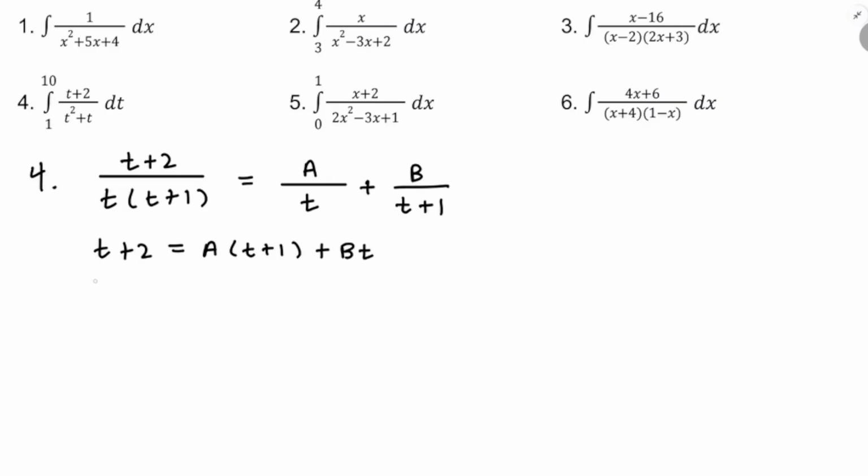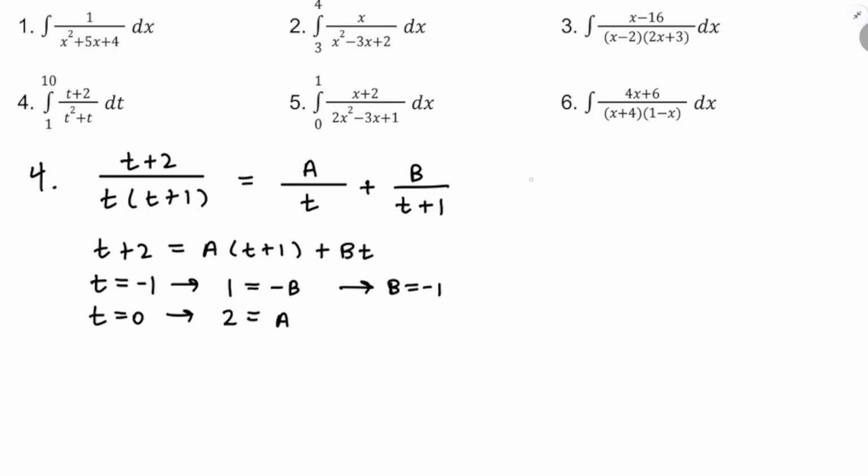And then I'm going to let t equal negative 1. I'd get 1 equals 0a minus b. And then if t equals 0, I would get 2 equals a times 1 plus b times 0, so a equals 2.